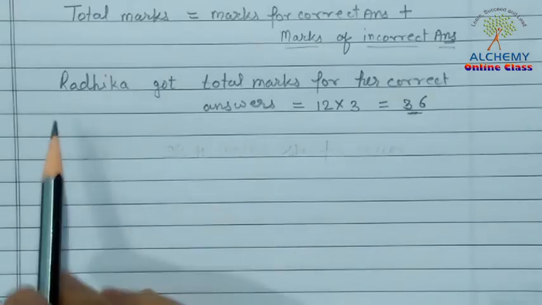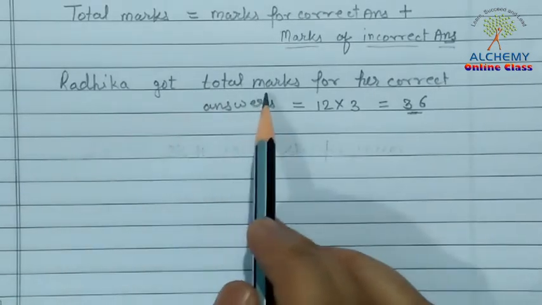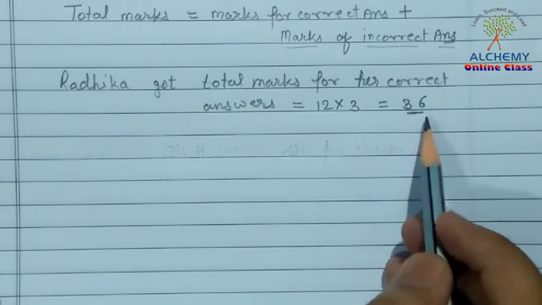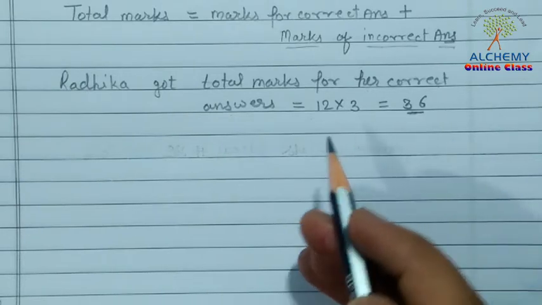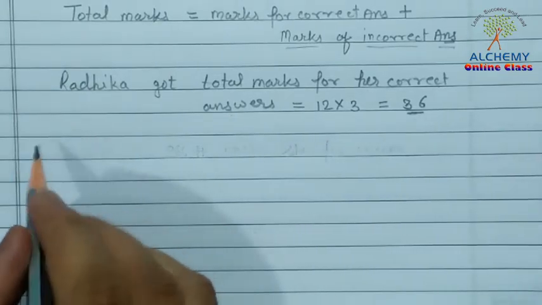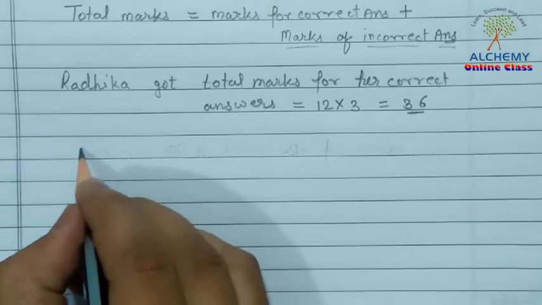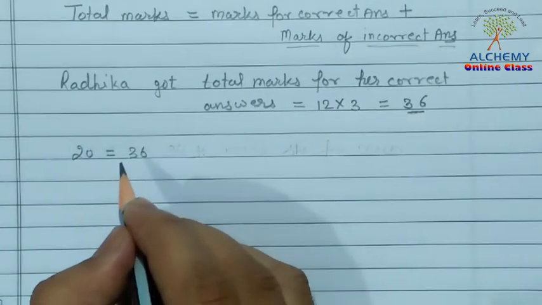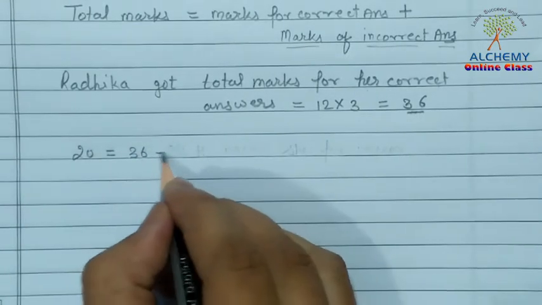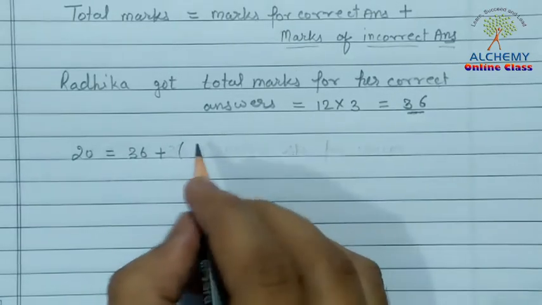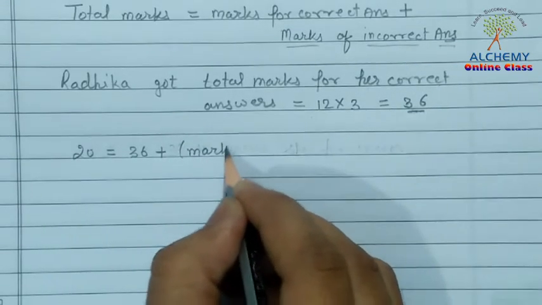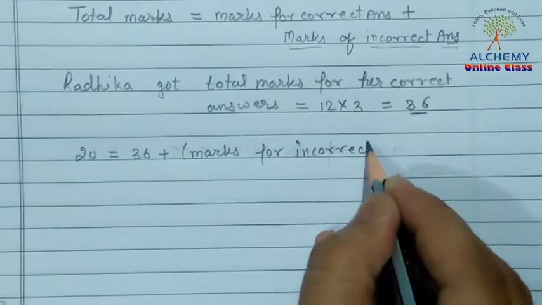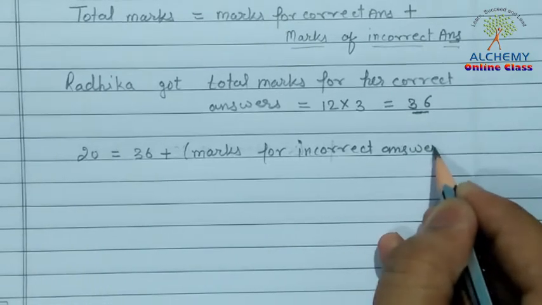Okay, so we have seen here Radhika got total marks for her correct answer is 36. Let's find out how many marks she got for incorrect answers. Okay, so how can we find it? She got total 20 marks and we know that she got 36 marks for her correct answer. How many marks did she get for incorrect answers?